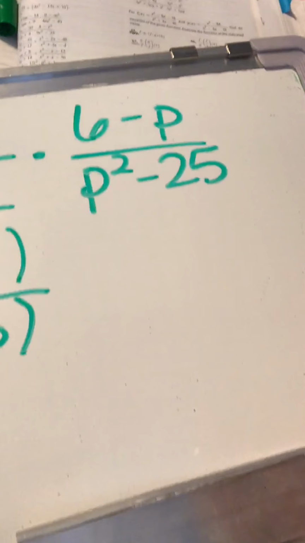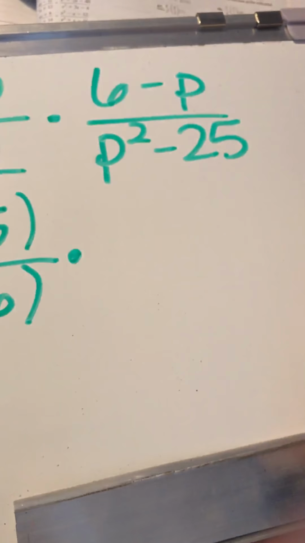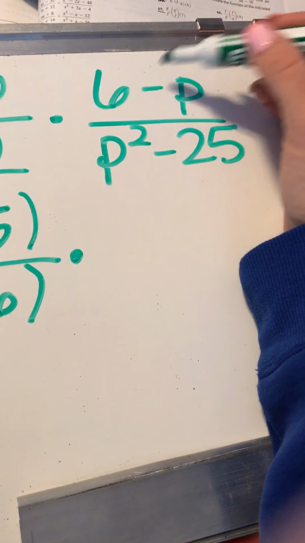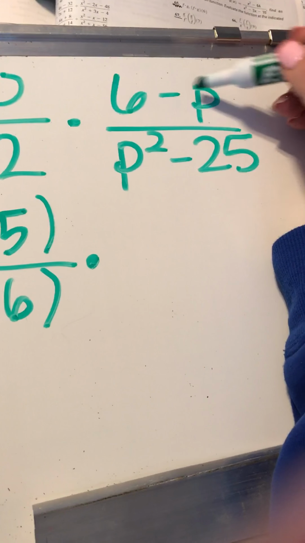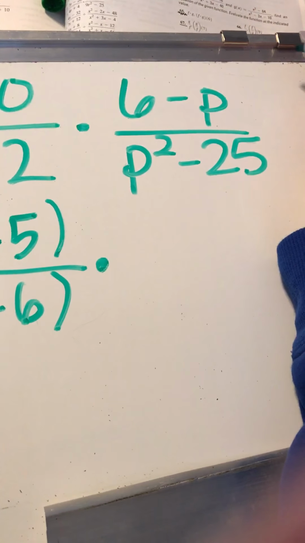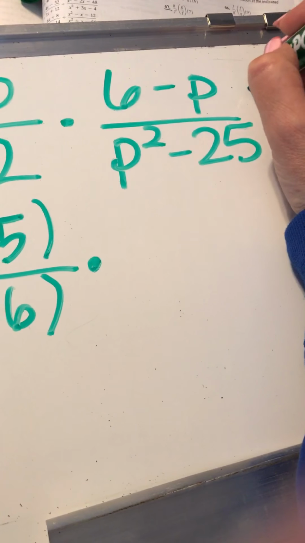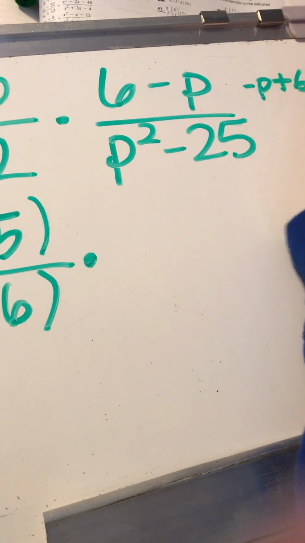Now let's look over here. The numerator is 6 minus P, which is actually -P plus 6.